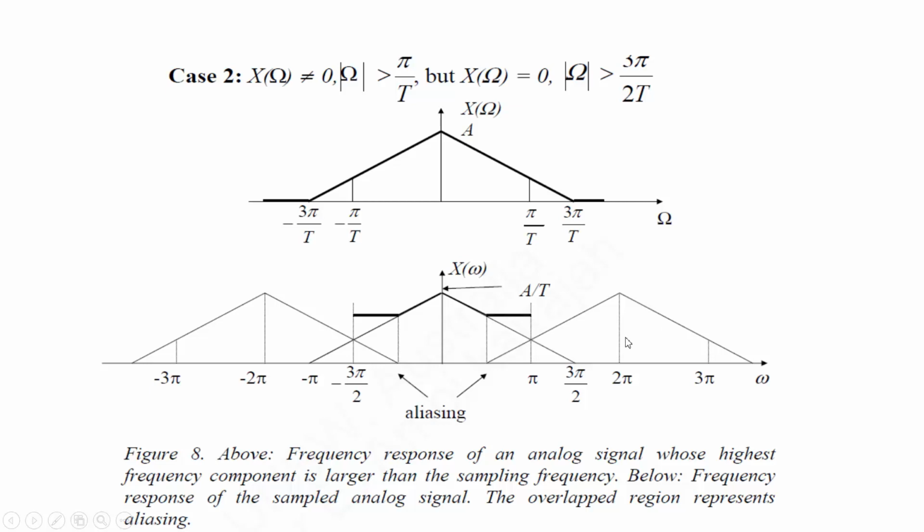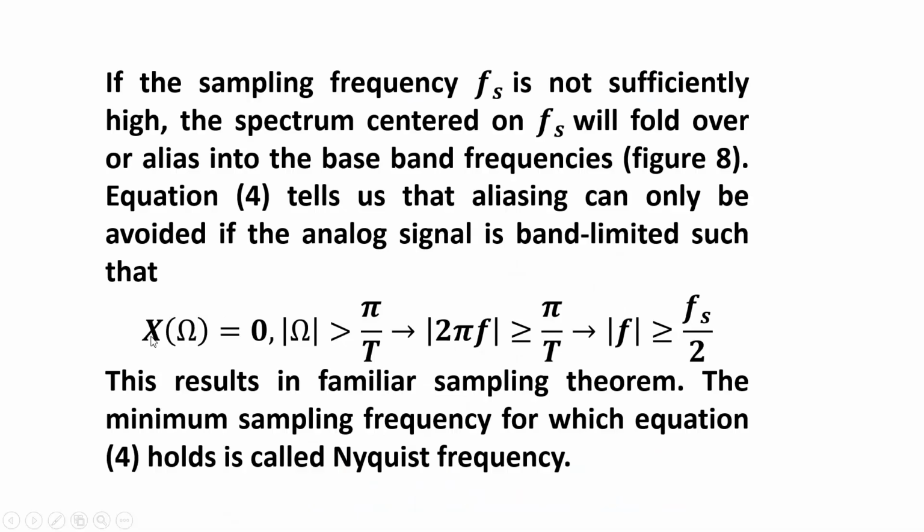The repetitive spectra will interfere into the baseband, and this frequency is the folding frequency. Folding frequency means where the aliasing will take place and the frequencies will fold over, and this point is also a folding frequency, right, where the aliasing will take place.